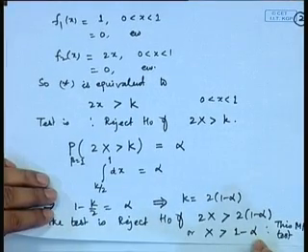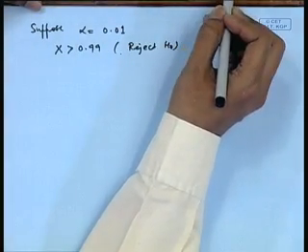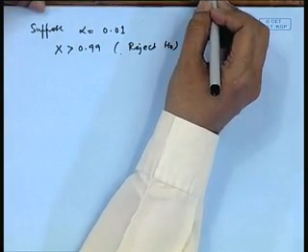So, when we are rejecting or accepting, the point x equal to 1 minus alpha does not make any difference, because that has probability 0. In the case of a discrete distribution, we may have to take some randomization, which is explained through the following example.